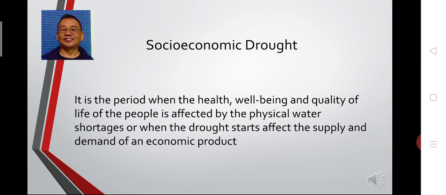Socioeconomic drought. It is a period when the health, well-being, and quality of life of the people is affected by the physical water shortages, or when the drought starts affecting the supply and demands of an economic product. So, it's like a domino effect, no?